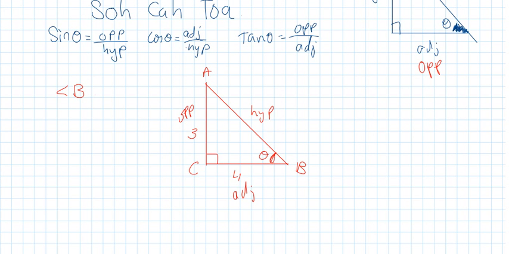So this is where you're going to come and say, okay, SOHCAHTOA, where are you? I know O and A. So which one do I use? Tan. So this is where I'm going to say tan theta equals O over A. My opposite is 3, and my adjacent is 4.